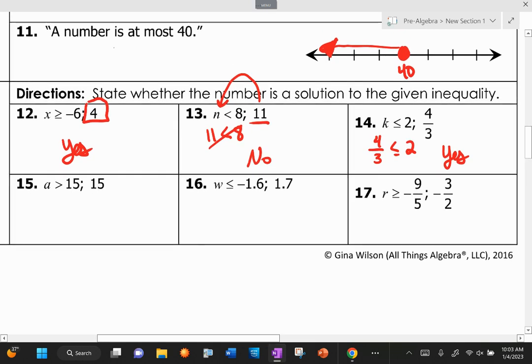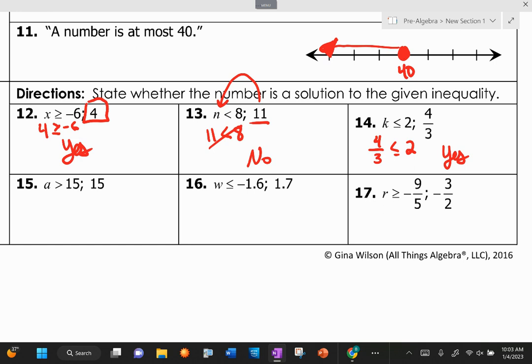So it would be like this, Alex. 4 is greater than or equal to -6. Do you agree with that? So that's why it's yes. What is that first one?